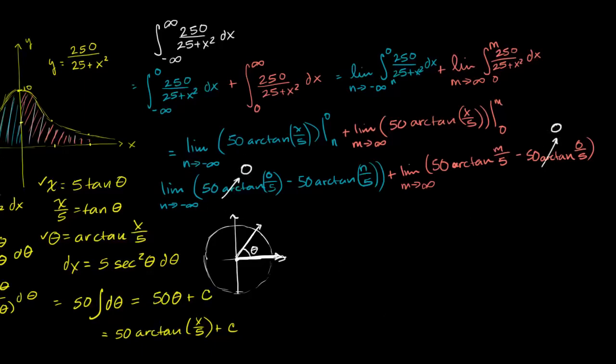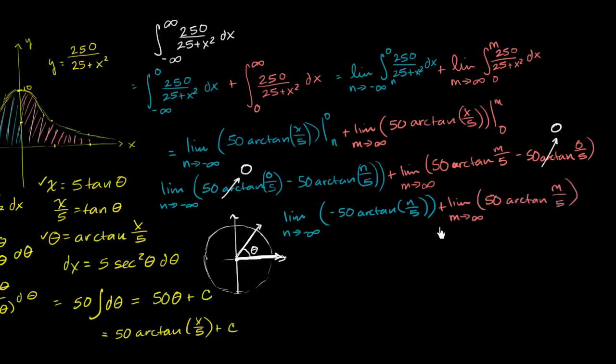So what we're left with is the limit as n approaches negative infinity of negative 50 arctangent of n over 5 plus the limit as m approaches positive infinity of 50 arctangent of m over 5.